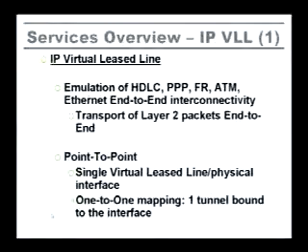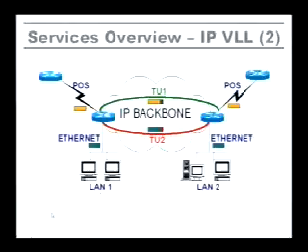So let's go to the service part. The obvious first service is the IP virtual leased lines, where you create a kind of emulation of HDLC, PPP, Frame Relay, ATM, Ethernet end-to-end. You transport the layer 2 packets end-to-end. It's a point-to-point service, so you have a single virtual leased line per physical interface. It's a one-to-one mapping where you bind one tunnel to a single interface.